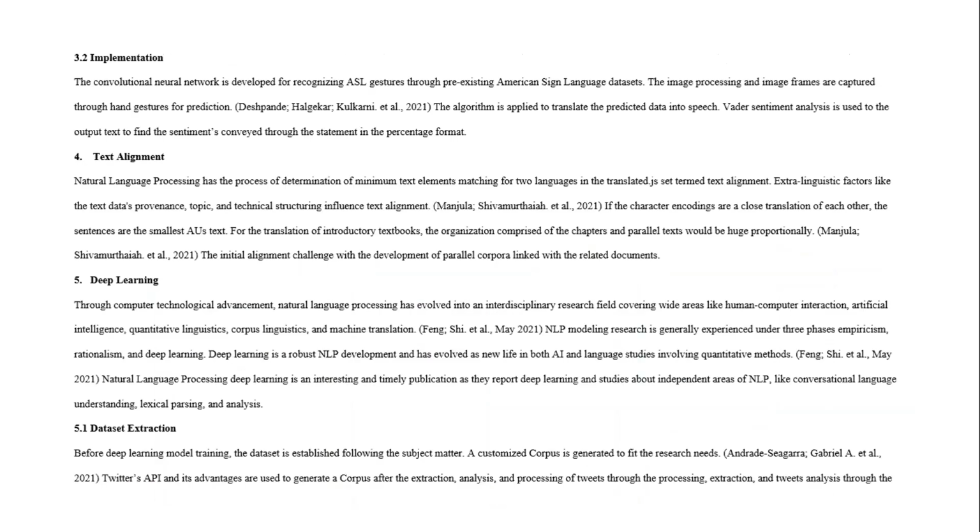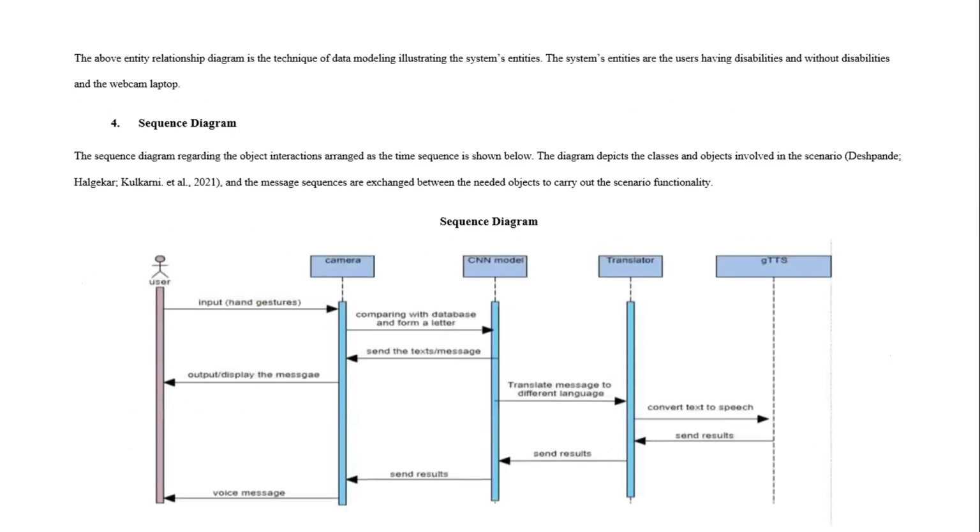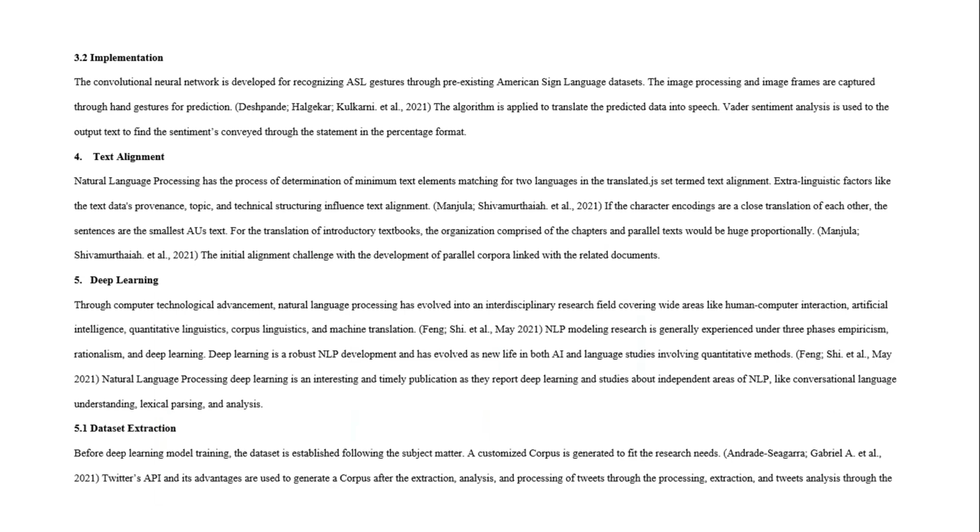And then for the implementation, the convolutional neural network is developed to recognize the American Sign Language gestures through the data sets. The image frame and the image processing are captured through the prediction of the hand gestures.